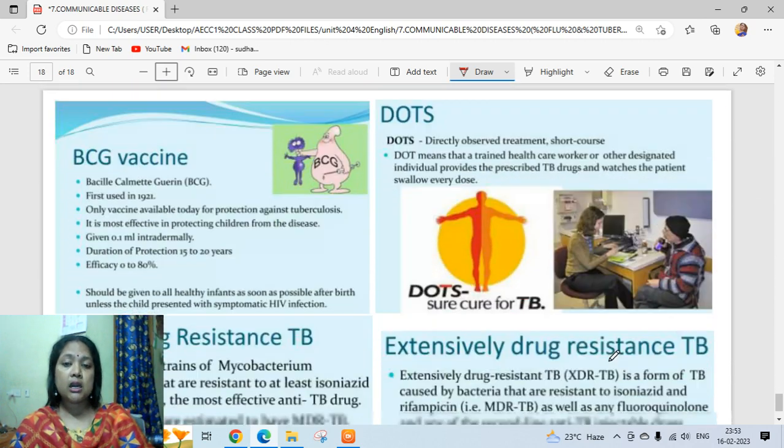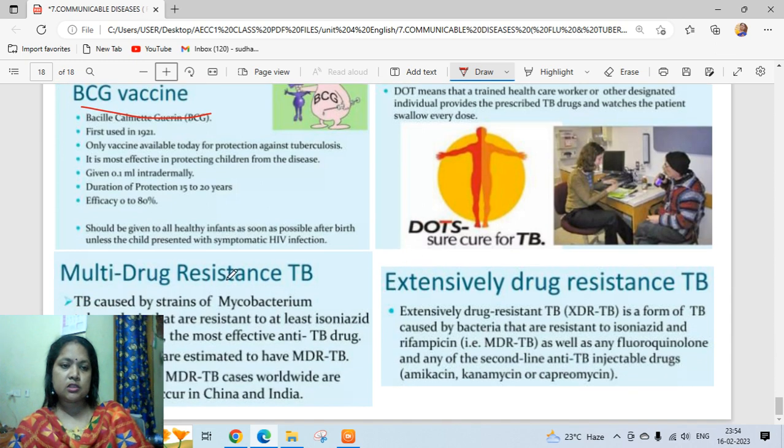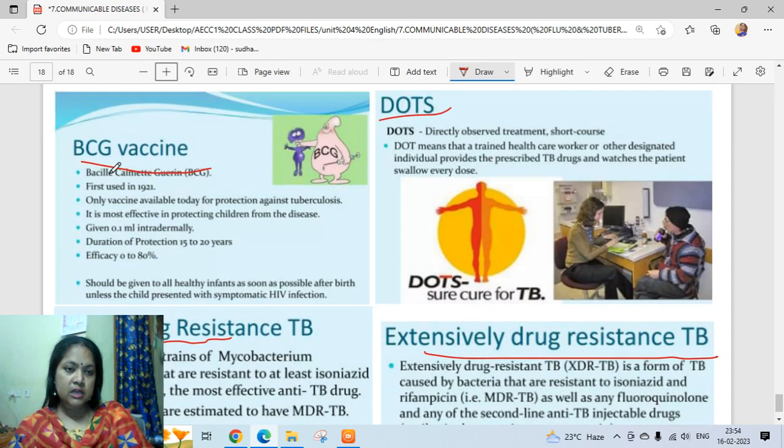And there are different techniques like BCG vaccine, then DOTS. These are the treatment processes. Then multi-drug resistant TB, then extensively drug resistant TB. So BCG vaccine, that is Bacillus Calmette-Guerin, BCG.